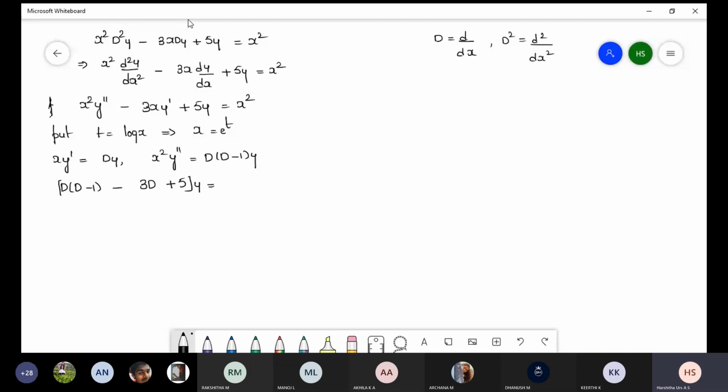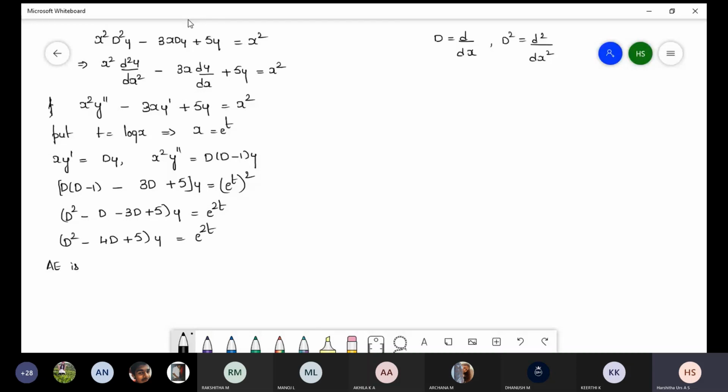In the place of x square, I will write e power t whole square. In the next line, D square minus D minus 3D plus 5 whole into y is equal to e power 2t. So D square minus 4D plus 5 whole into y is equal to e power 2t.